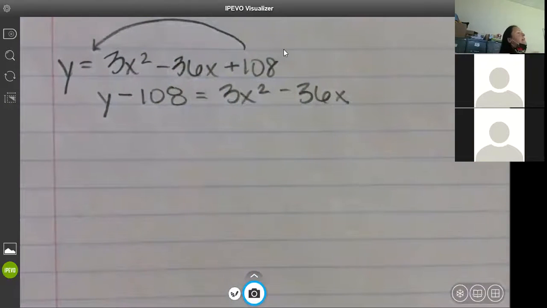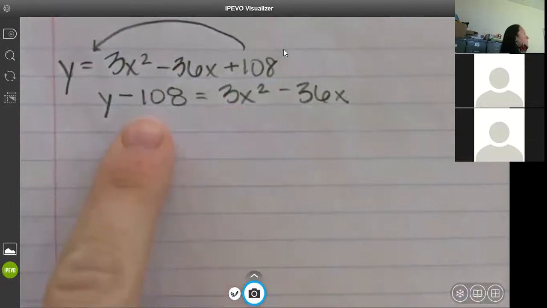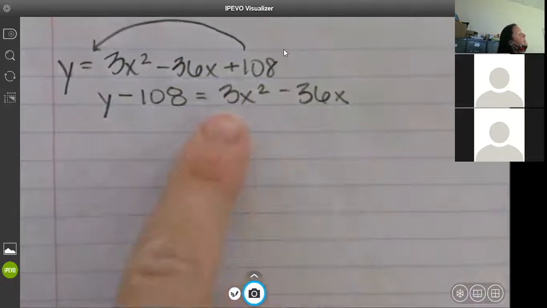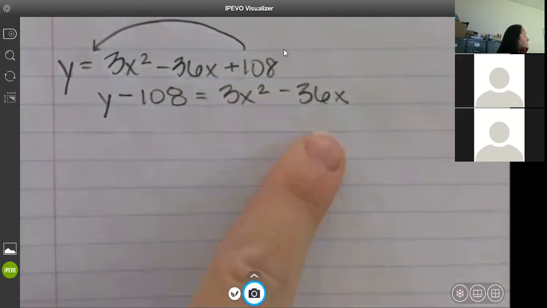The reason that I do that is that last number hardly ever is a multiple of whatever your first number is. So like I can't pull a 3 out of 108. Sometimes it's not like that. So then it gets a little confusing with fractions and decimals and craziness. So I just go ahead and get it out of the way, and then I start working with these. These have a GCF of what? 3. We want that 3 gone so that I can complete the square. I just want x squared.